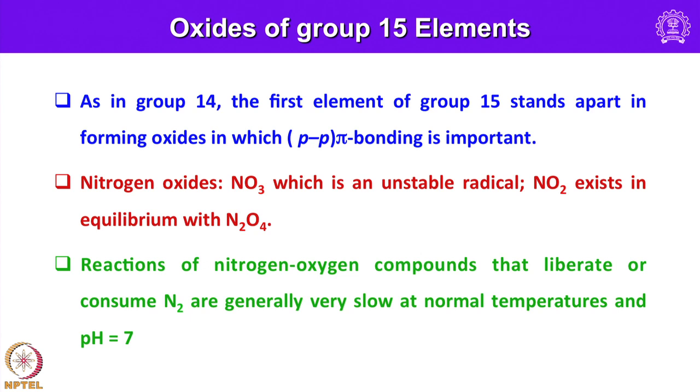Let us consider some of these nitrogen oxides one at a time. NO3 is an unstable radical, NO2 exists in equilibrium with its dimer N2O4. Reactions of nitrogen oxygen compounds that liberate or consume nitrogen are generally very slow at normal temperature and at a pH of 7.